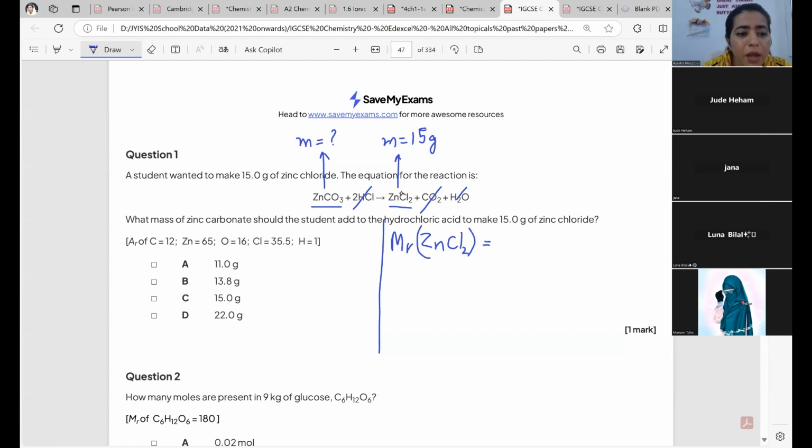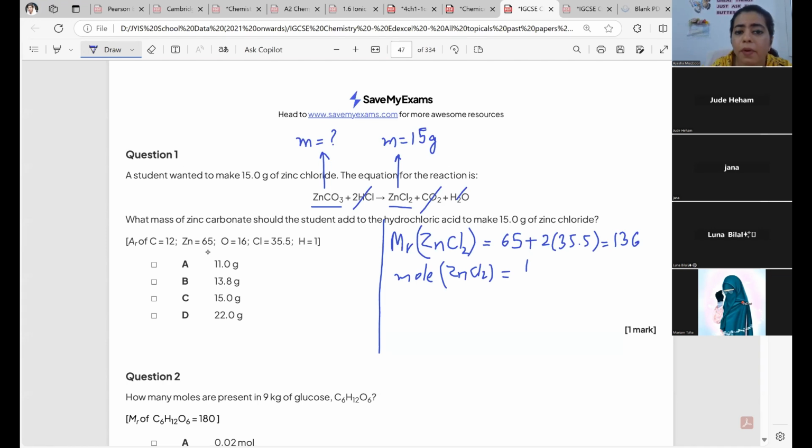Zn is given to you over here, 65. Then for chlorine, tell me quickly. 35.5, but we multiply by 2 because there are 2. So the total will be 136. Now get the moles of this ZnCl2.